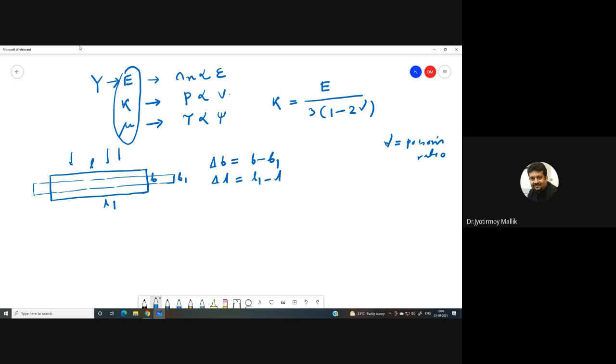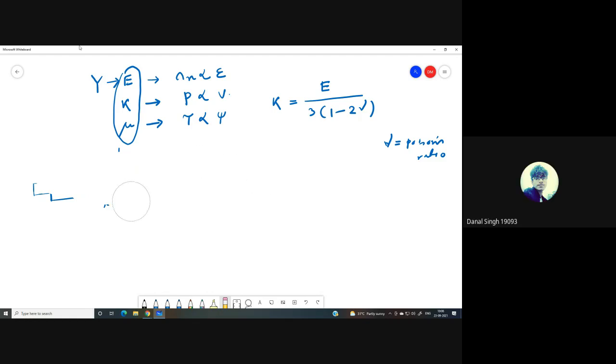Now, obviously what is seen is that delta B and delta L are not equal, right? So Poisson's ratio is defined by the ratio of delta B by delta L. This is how Poisson's ratio is defined.